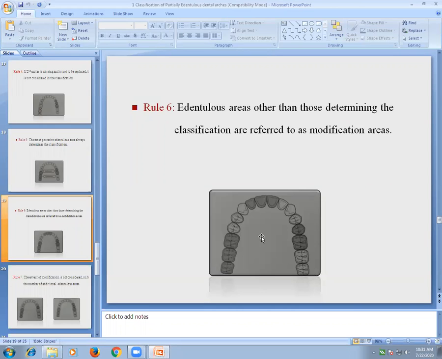Here in this diagram you can see this is the determining classification edentulous area, and these are the other edentulous areas, which are referred to as modification areas. You can classify this diagram as Kennedy's class 2 modification 2, as there are two modification areas seen here, and this is the most posterior edentulous area. That's why it determines the classification.